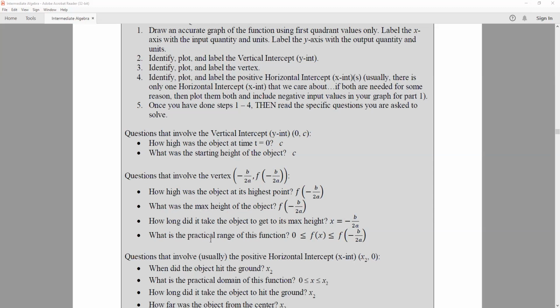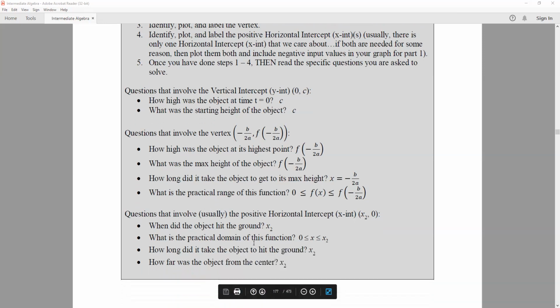What is the practical range of this function? Again, you are looking at from 0 because this is a practical problem. Remember, we are only looking at the positive y values. So 0 to the y value of the vertex.